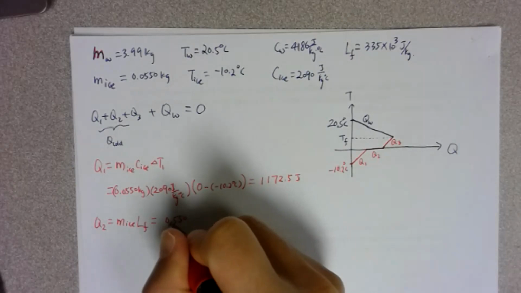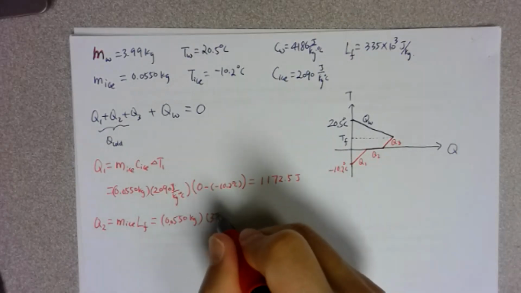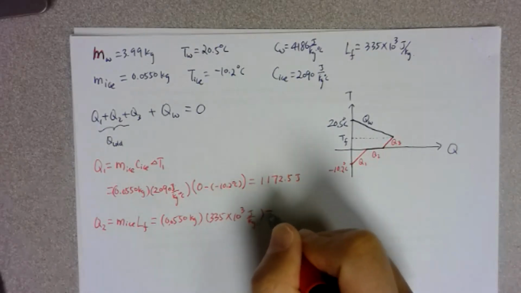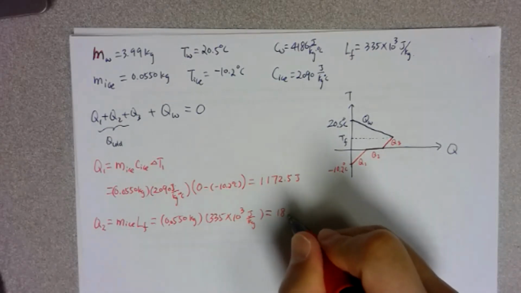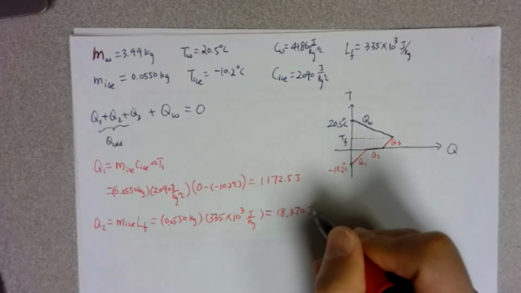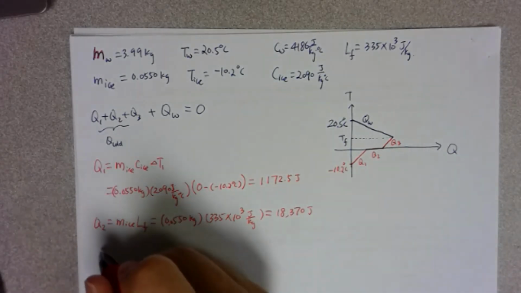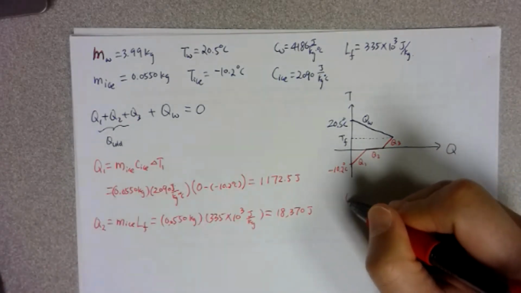Now, the melting process, Q2, will be M of ice times LF, 0.0550 kg, and 335 times 10 to the third joules over kg. So this will give you 18,370 joules. For Q3, I'm going to write it over here.